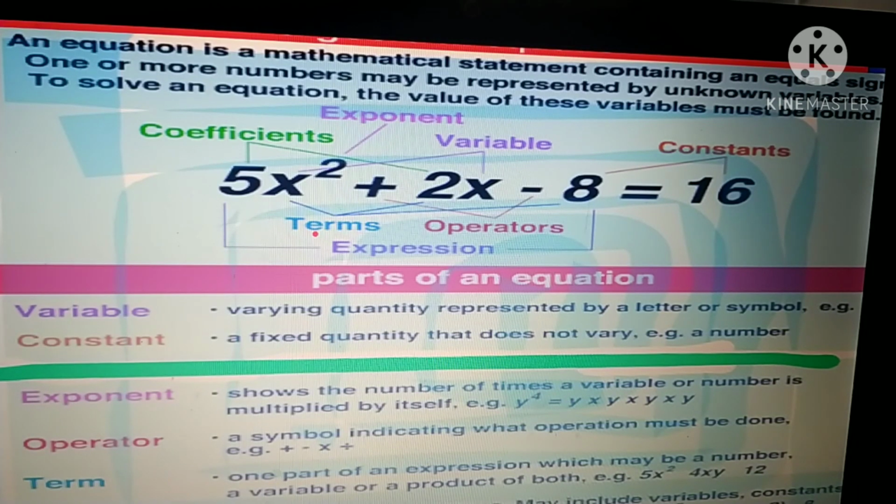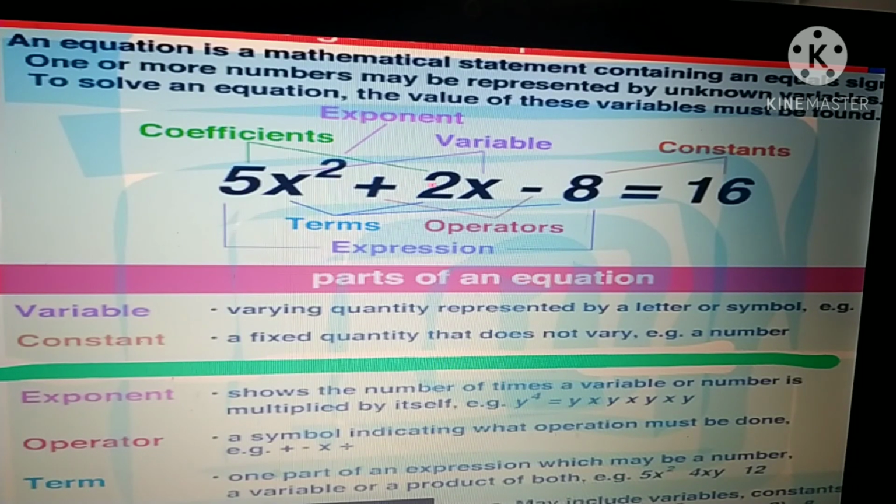Okay. 5x square is a term, 2x is a term. A term is a combination of variables and numerals, that is constants. 8 is a constant here and also a term. Understood this one? So term means one part of an expression, which may be a number, a variable or a product of both variable and number.